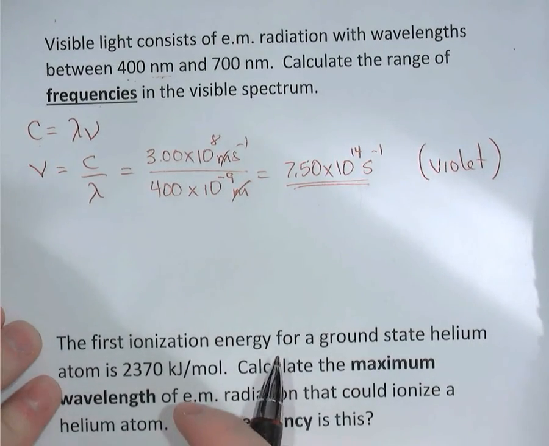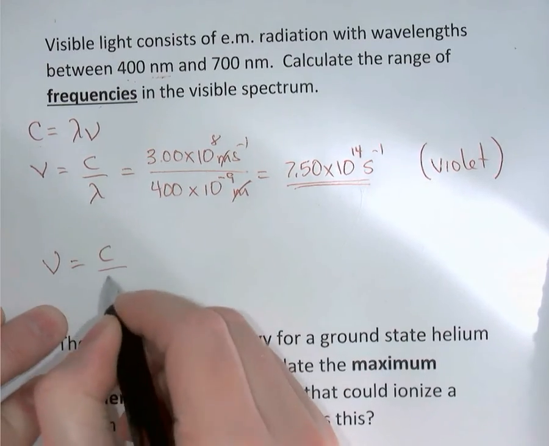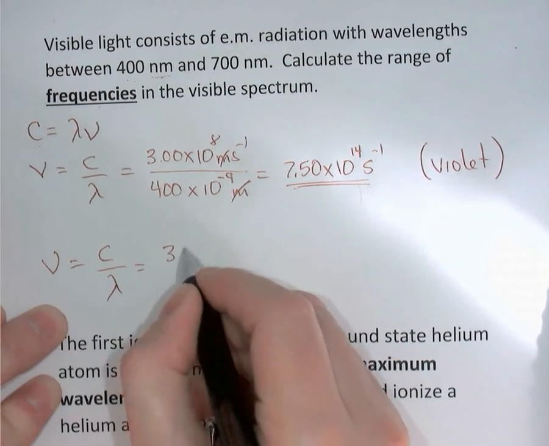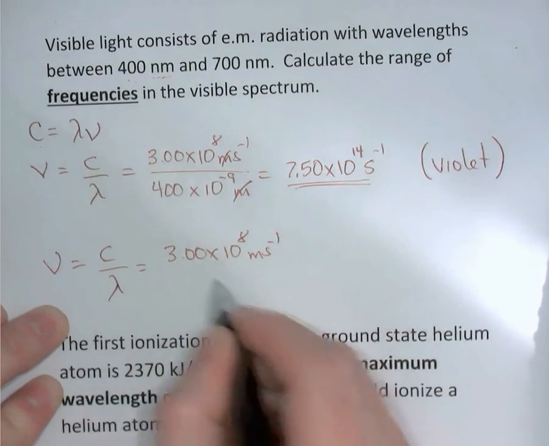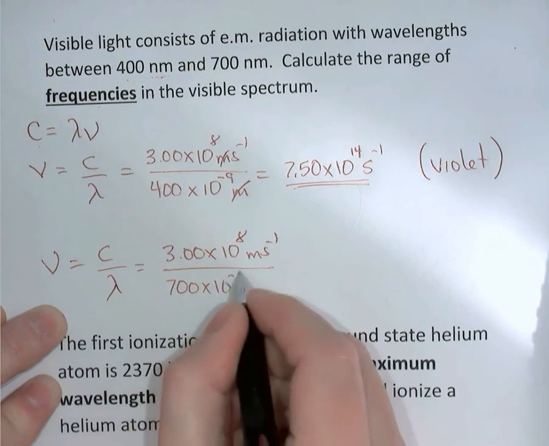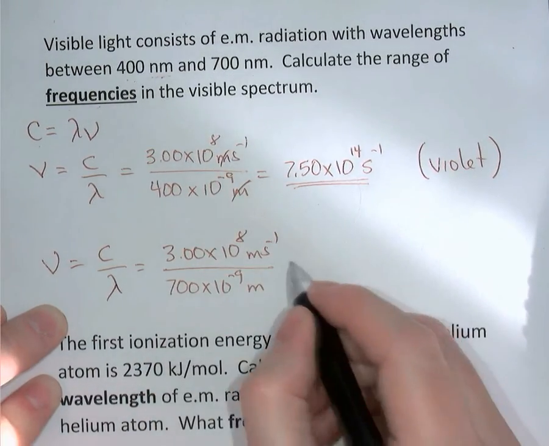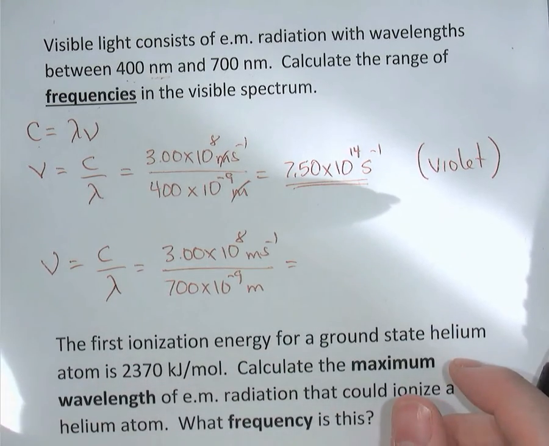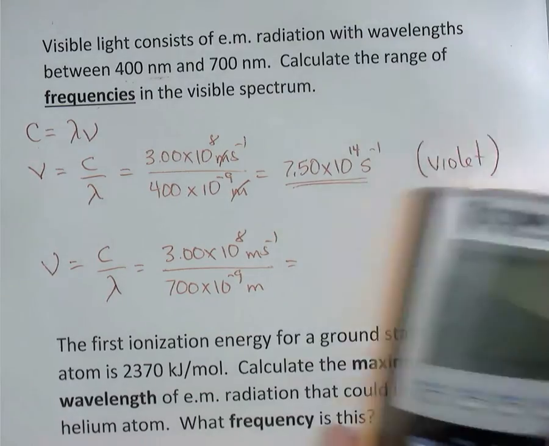Now I'll do the same thing with the red end of the spectrum. Nu equals c divided by lambda, 3.00 times 10 to the 8 meters per second, divided by 700 times 10 to the minus 9 meters, 700 nanometers. Remember, the longer wavelengths in the visible spectrum correspond to the red color of light.